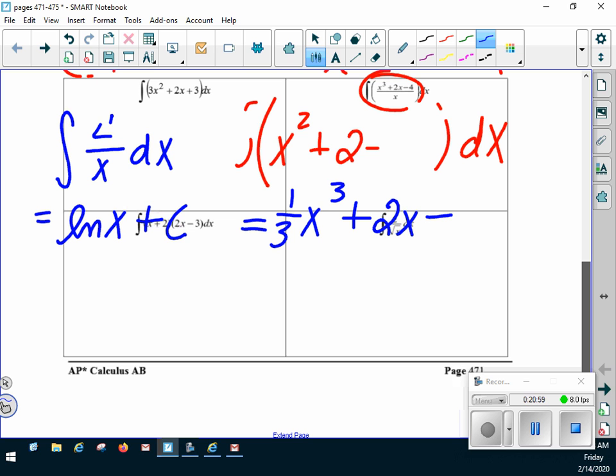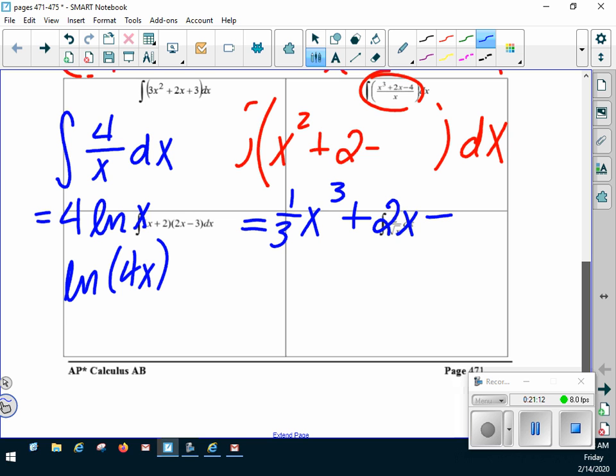Okay, so in our case, we had a 4 there. Now, does the 4 go here, or does the 4 go here? Because if we took the derivative of this one, I'd have 1 over 4x times 4, which would be 4 over 4x, which would be 1 over x, which is not 4 over x.